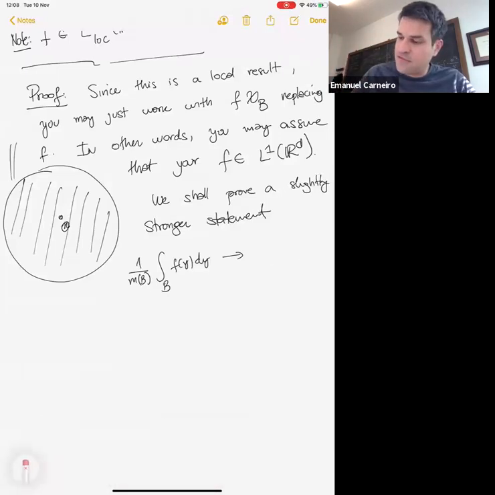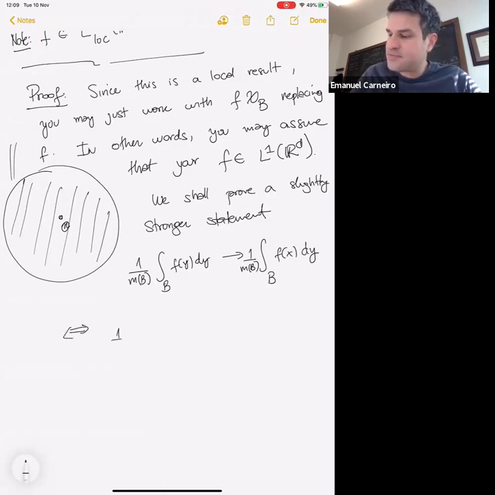So I can just write f of x as the integral of f of x dy over a ball, divided by the measure of the ball. This is what I want to prove. Look, in this integral, I'm integrating over a variable y, and I'm fixing this f of x. So f of x is just a constant here. It goes out of the integral. Then I'm integrating the function 1 over the ball, dividing by the measure of the ball. This is 1.